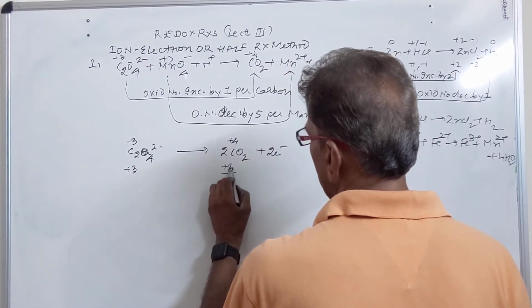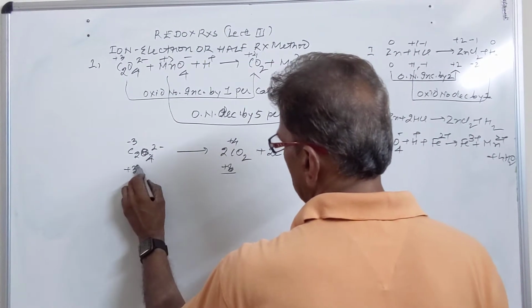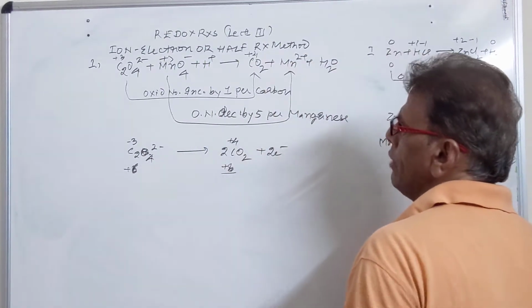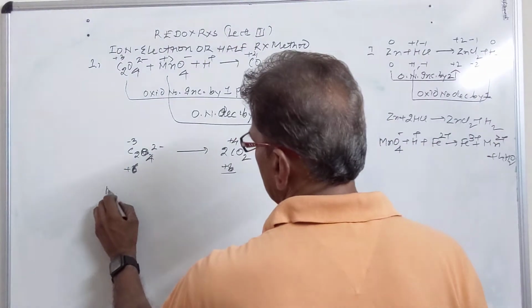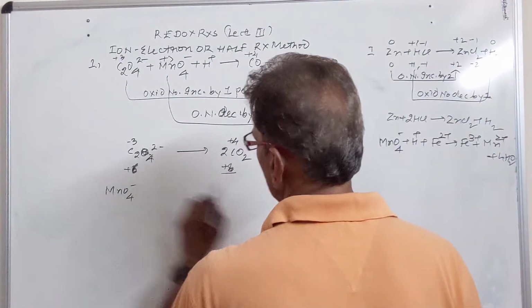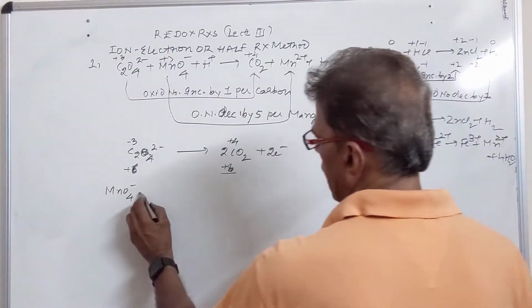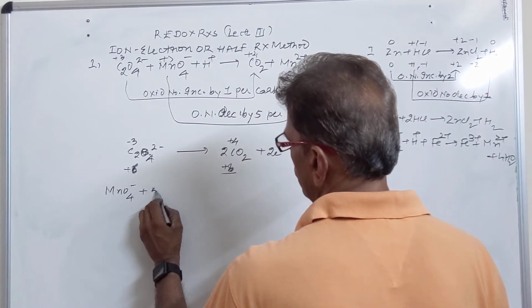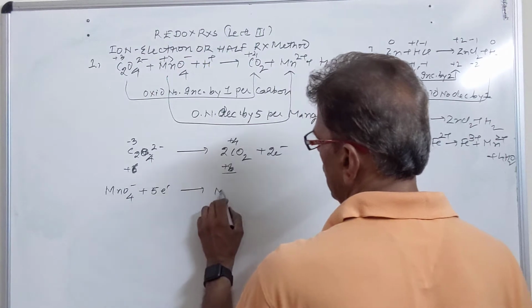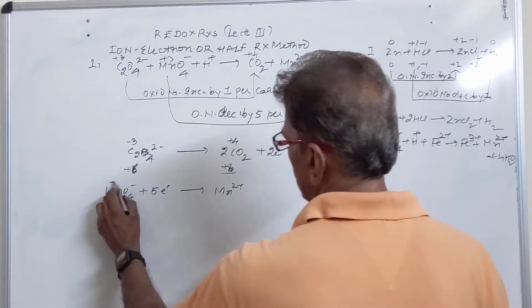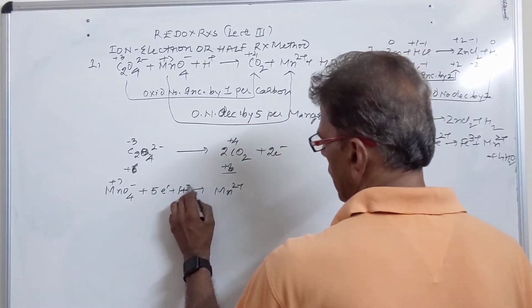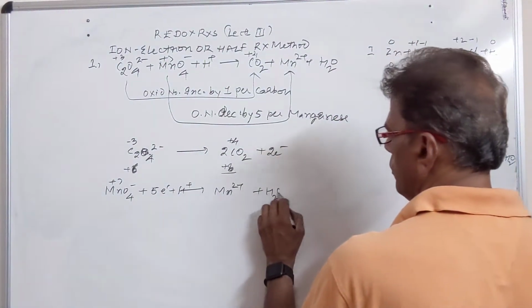It is here +6 for carbon, it is here +8 for carbon. Then we have manganese. It is accepting 5 electrons in the presence of H positive ion becoming Mn2 positive. And if you add protons here, it will have water also.